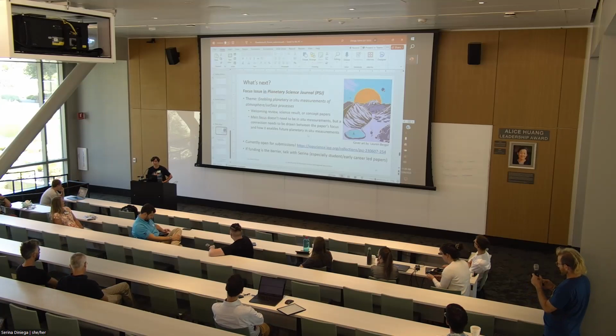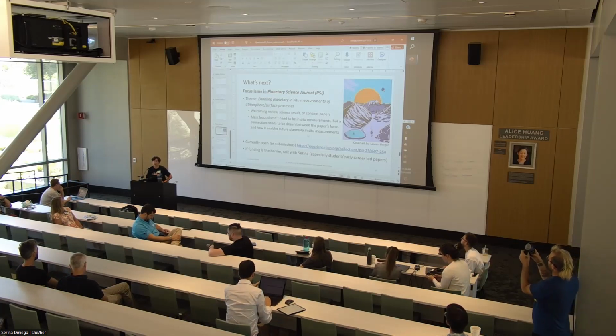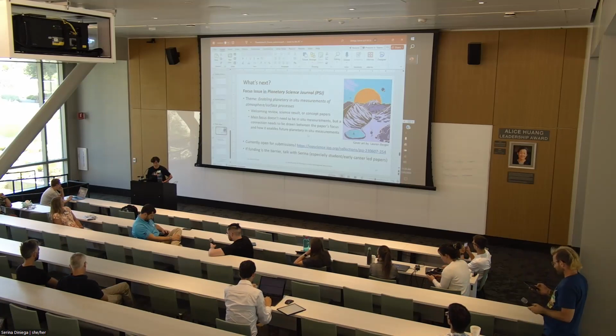For instance, my postdoc did some laboratory work and we talked about, based on the experience in the lab, what that might imply for collecting in situ observations of that type on other planets. This is open for submissions, and we do have some TWISC funding left that can help pay for the publication costs. So contact me if that's of interest.